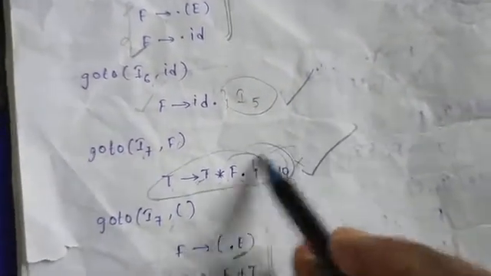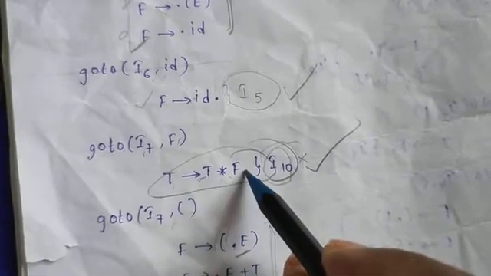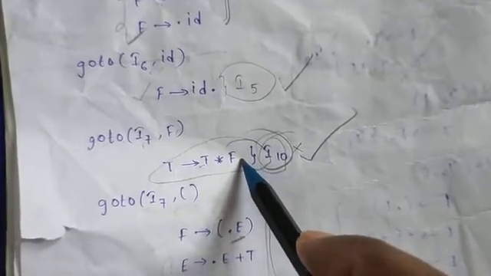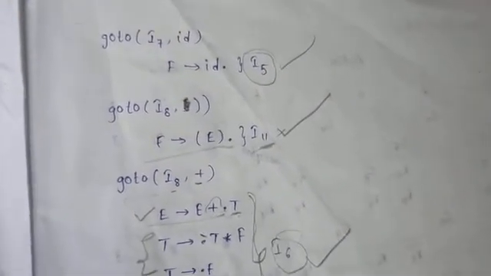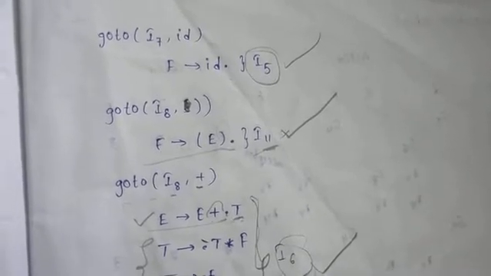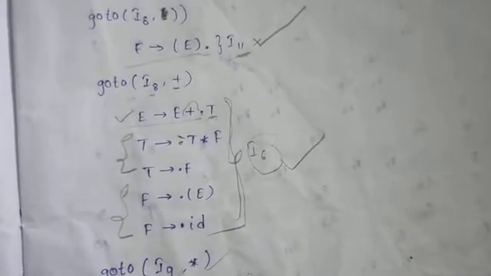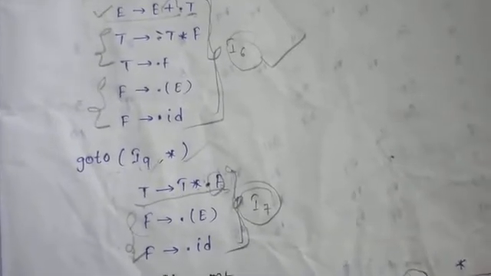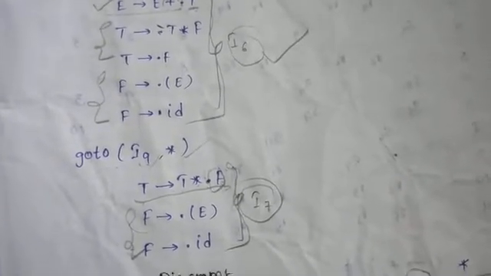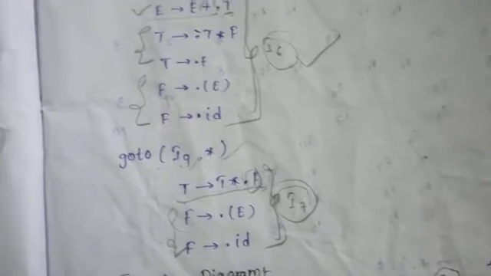Then in I10 the dot will be moving to the end of the production, so no need to do that one. Then I4 already completed, then I5 completed, I11 dot will be moving to the end of the production, so no need to do that one. Then I6 already completed, I7 already completed. This is the entire set of go to statements of the given program.